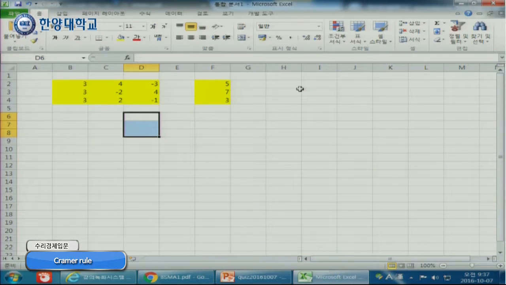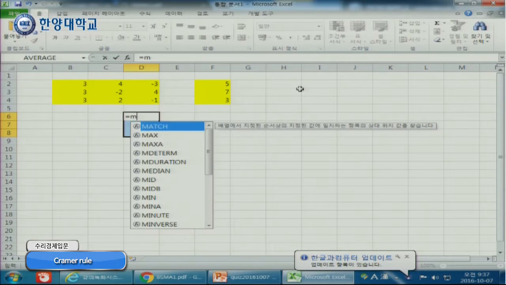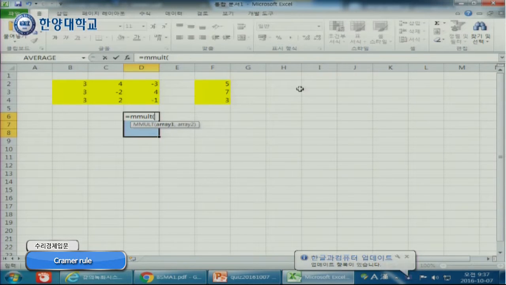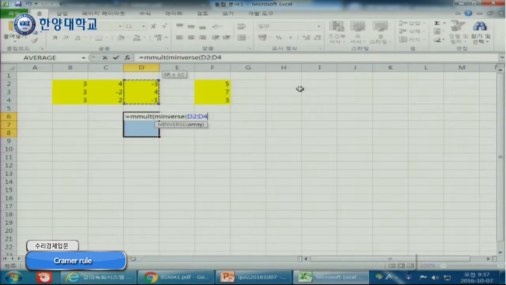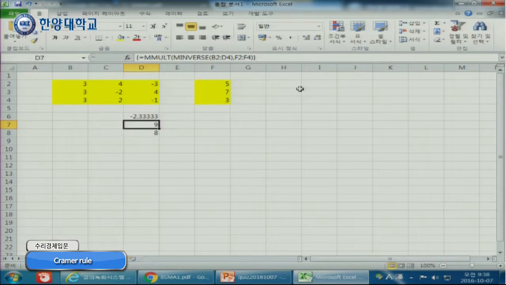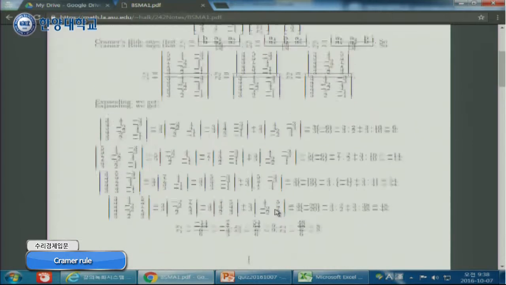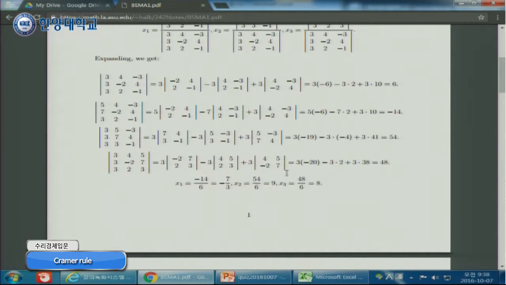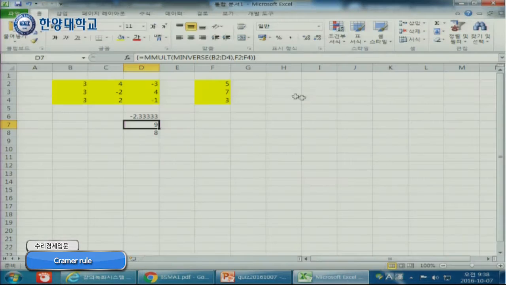We highlight 3 cells, and then use matrix multiplication, and then the matrix inverse of this one, and then this one, right? And then Control Shift Enter. So this is the answer. Well, here it is written as a fraction, but yeah. So about minus 2.3 and 9 and 8. This is the answer. Do you remember this is Control Shift Enter?